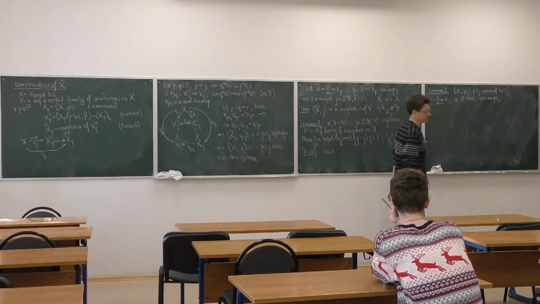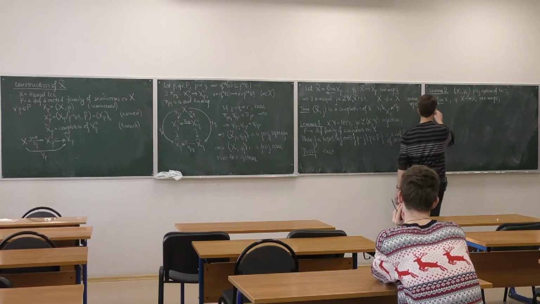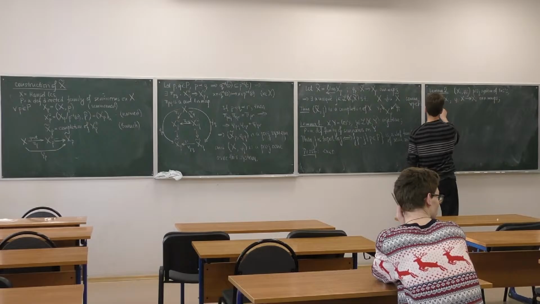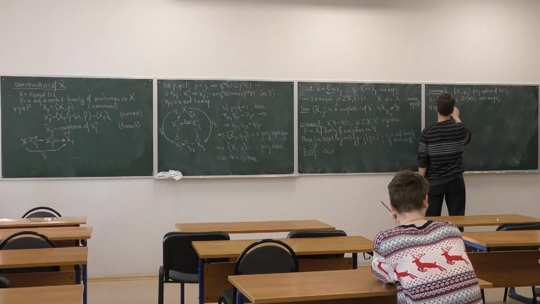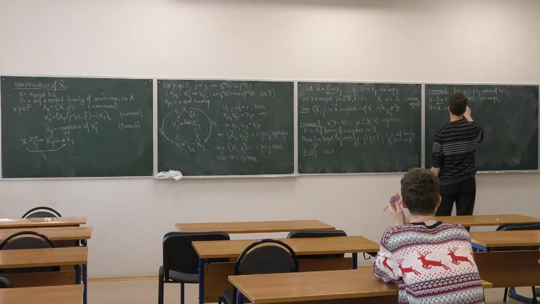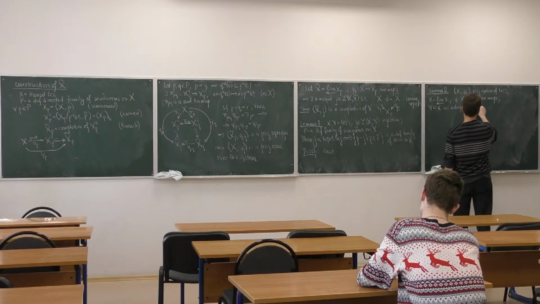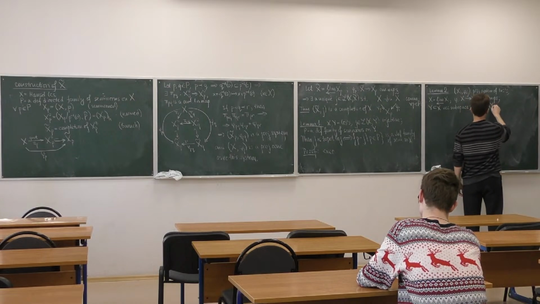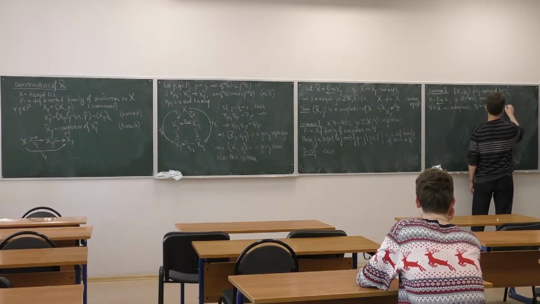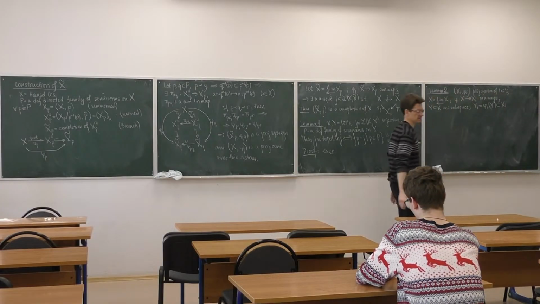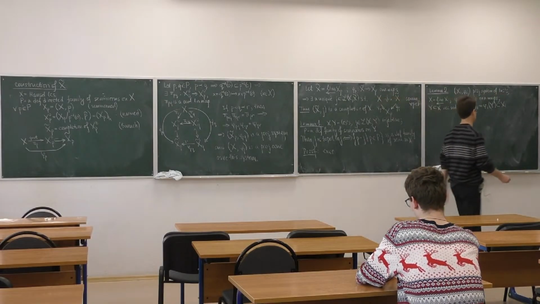And let's also suppose that we have a vector subspace Y in X. For every i, I'll let Y_i denote the image of Y in X_i, so this is a subspace in X_i.